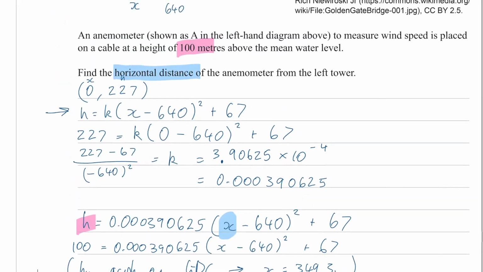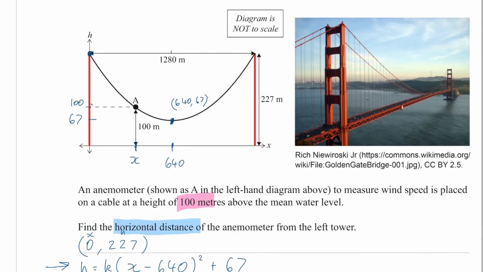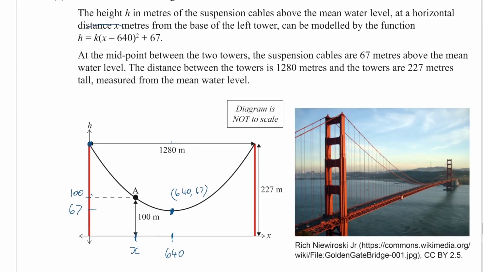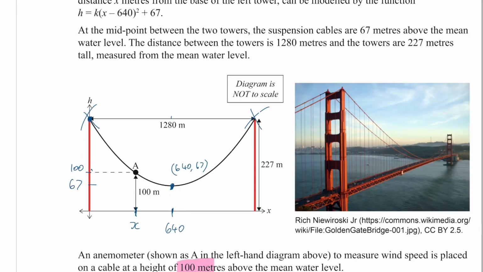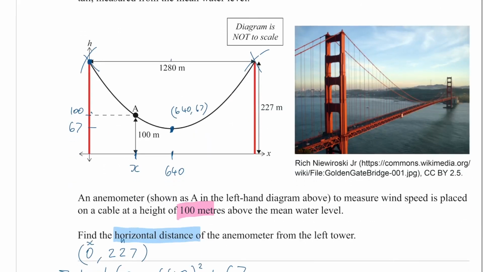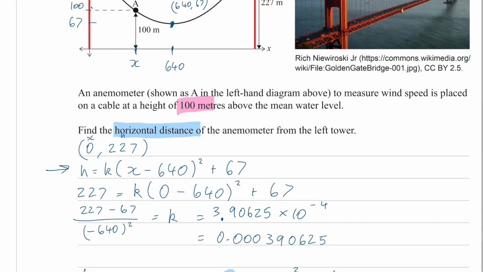So to summarize this question, we first had to complete a model, so we were only given part of a model. We had to use a point, either this one or this one, not the turning point, as that wouldn't have given us any new information. We solved for k. Then we used that model to find a horizontal distance x by substituting in 100 or by graphing it.